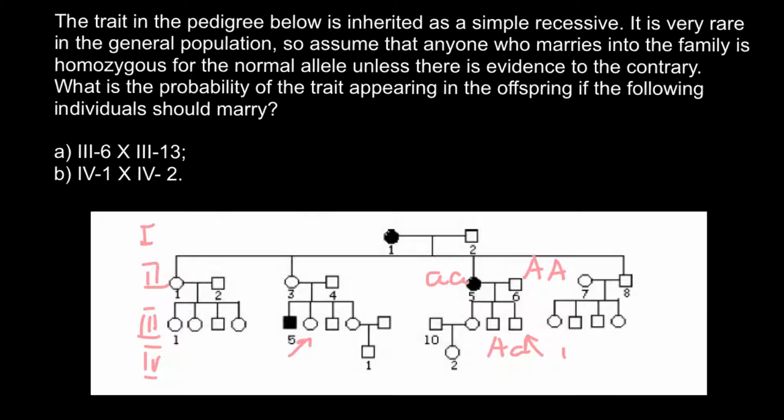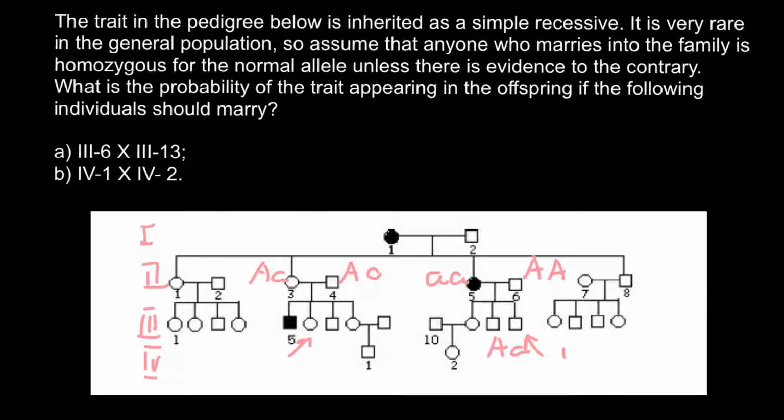So we put the probability as 1 to be heterozygous, and 1 means 100%. So we are sure that these 3 children, progeny of this couple, would be heterozygous for this trait. And as for 3,6, let's analyze the probable phenotypes and genotypes. We see that both parents are phenotypically normal, but one of the siblings, the brother of this female, is affected. That means that both parents have to be heterozygous, capital A and small a. Capital A and small a.